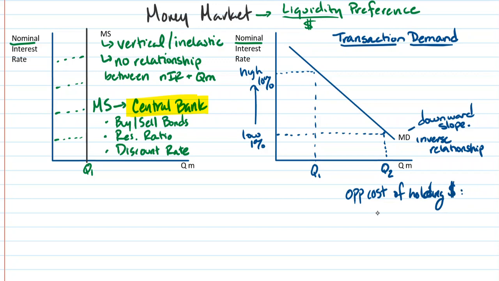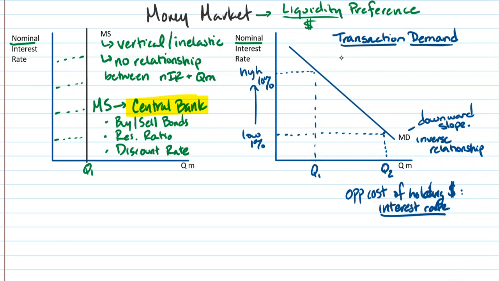The opportunity cost of holding a dollar is the interest rate. Any dollar that I hold on my person, I cannot earn interest on. So at this 10% rate, every time I hold a dollar in my wallet, I'm unable to earn that 10% rate. And that leads me to want to hold less money than when that interest rate is lower, and therefore the cost of holding that dollar is lower.